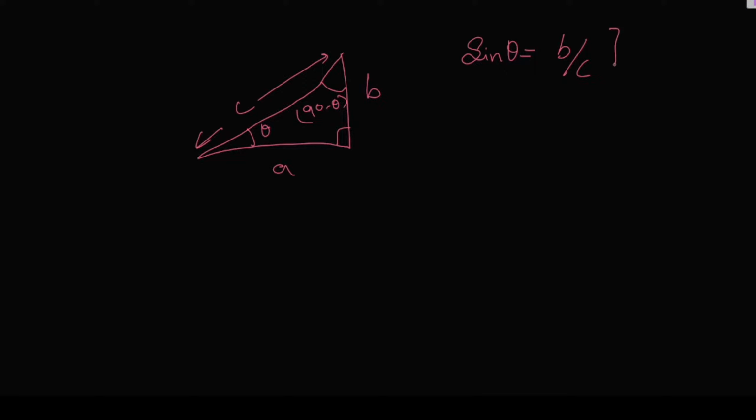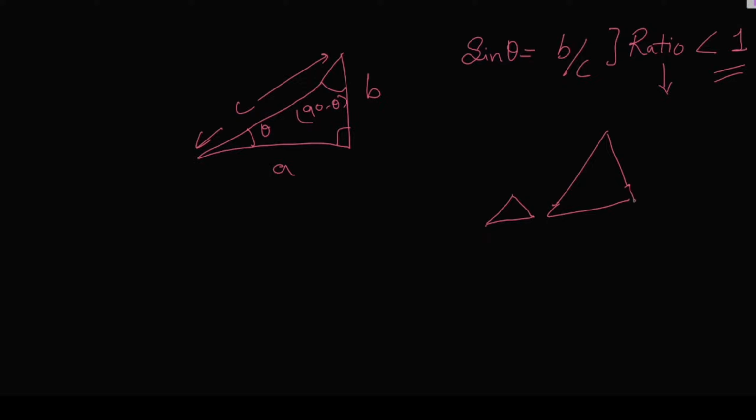Now this B by C is just a ratio. We need to remember this, that it is just a ratio. The value of sine, B by C, is always less than 1. We will see how. But it's a ratio. What is a ratio? Say you might have seen many replicas. For example, you might have seen small replicas of pyramids like this, and then we have the original pyramids.